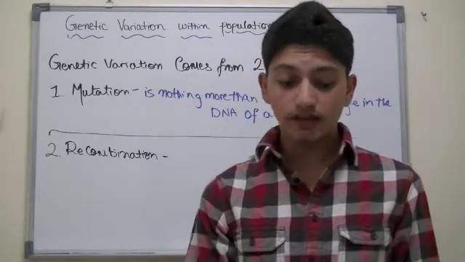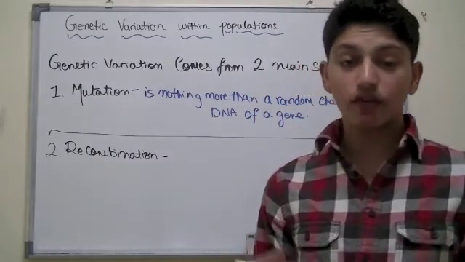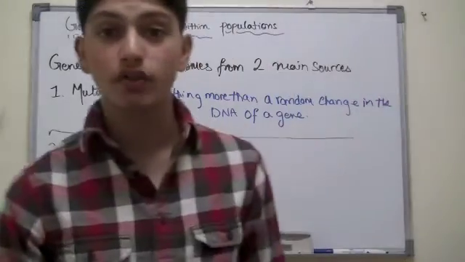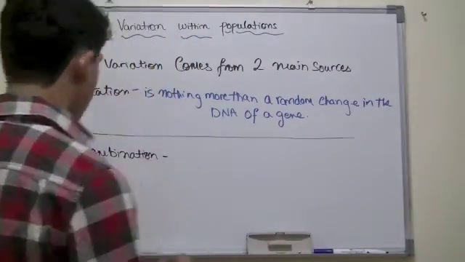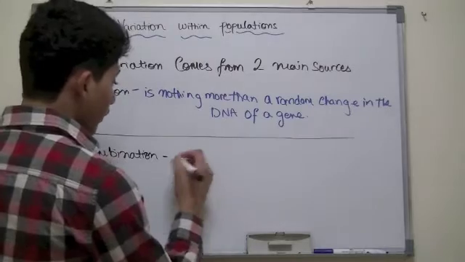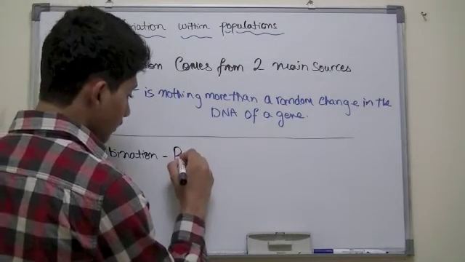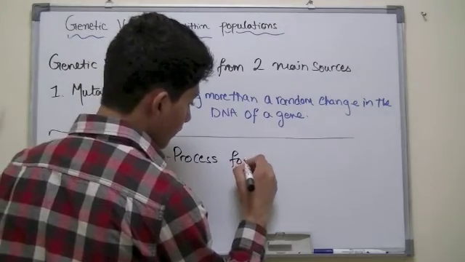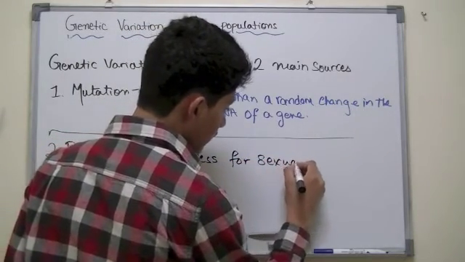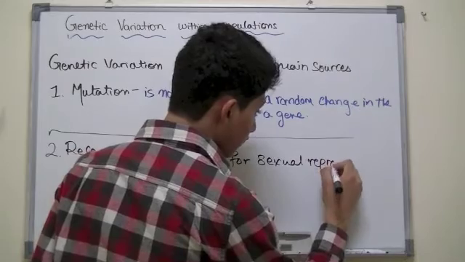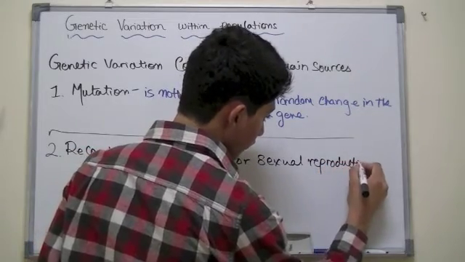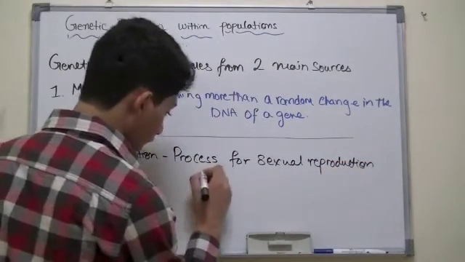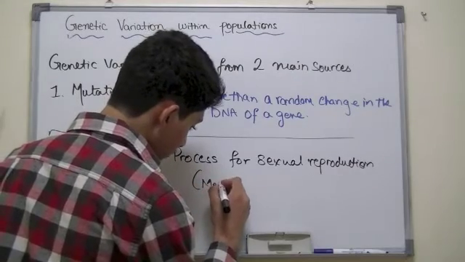Meiosis is the type of cell division needed for sexual reproduction. It's a process for sexual reproduction, and it occurs in what's called meiosis.